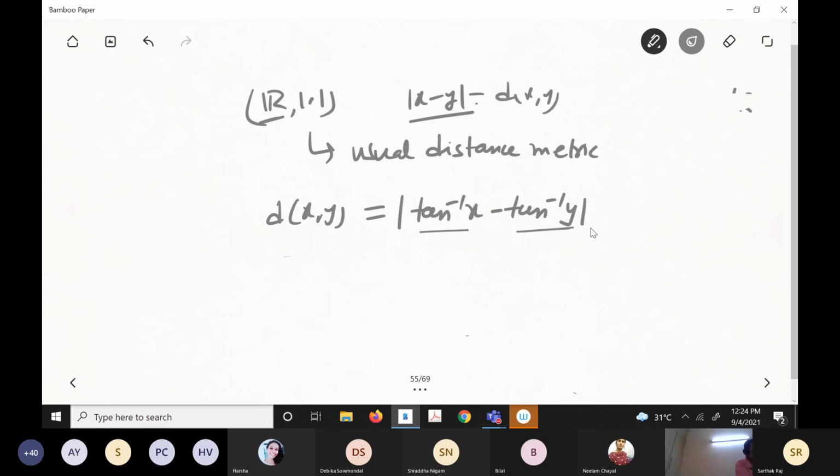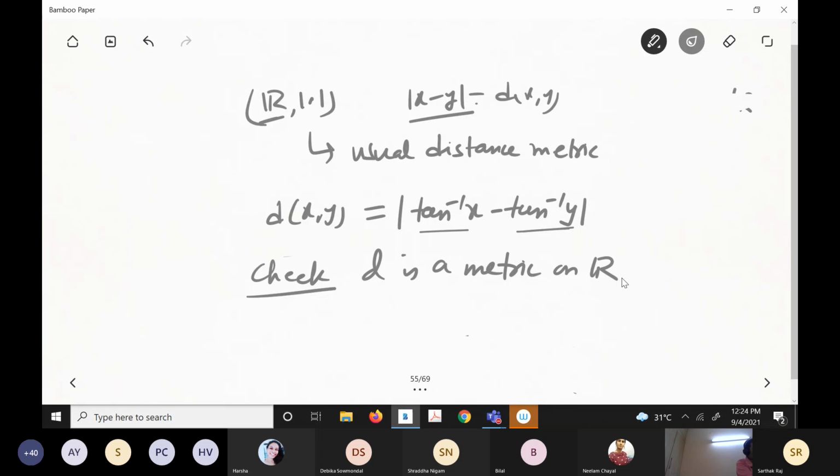See, this is the usual distance, but here it is being defined this way. Okay, so think about this. Check that this is a metric on R.